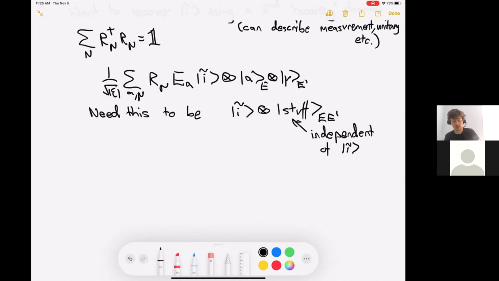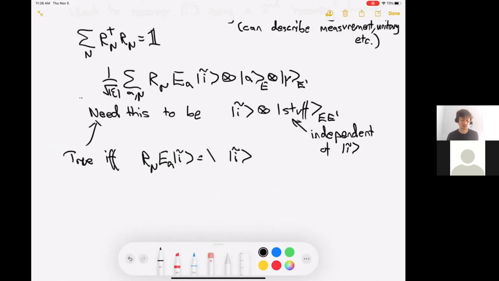So this condition is true if and only if R_mu E_A acting on I tilde is proportional to I tilde, because we need to always end up with the system being in state I tilde.